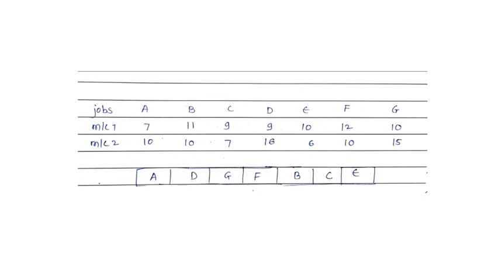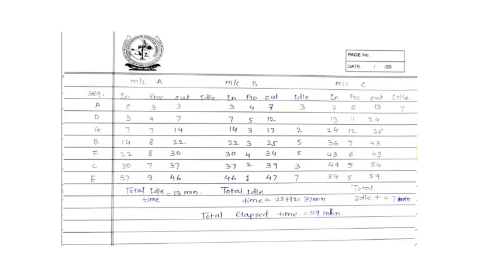After doing this, we have to prepare a chart which consists of in time, out time, processing time and idle time for each machine, such as machine 1, machine 2 and machine 3. After calculating all these times and preparing the table, the final table will look like this, which contains the in time, processing time, and out time for each machine A, B, C respectively, and the sequence, that is A to E, will be the same for all machines.